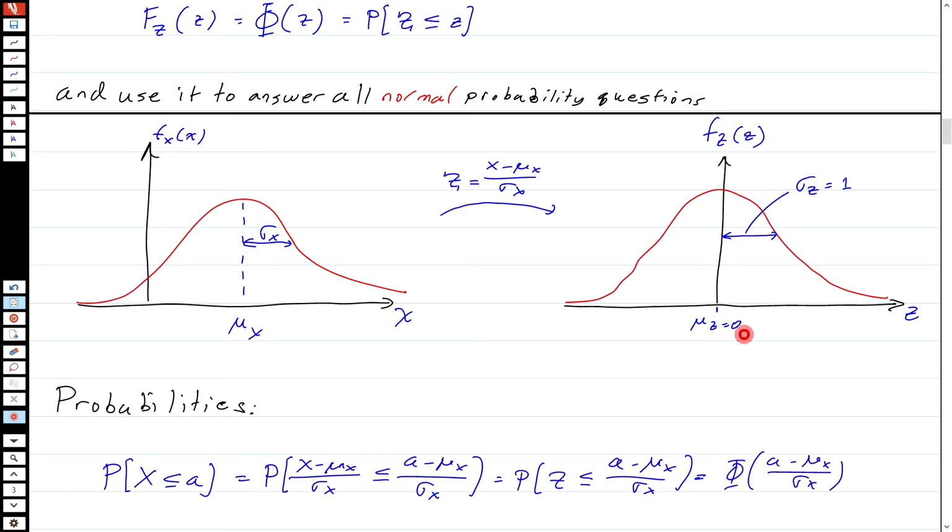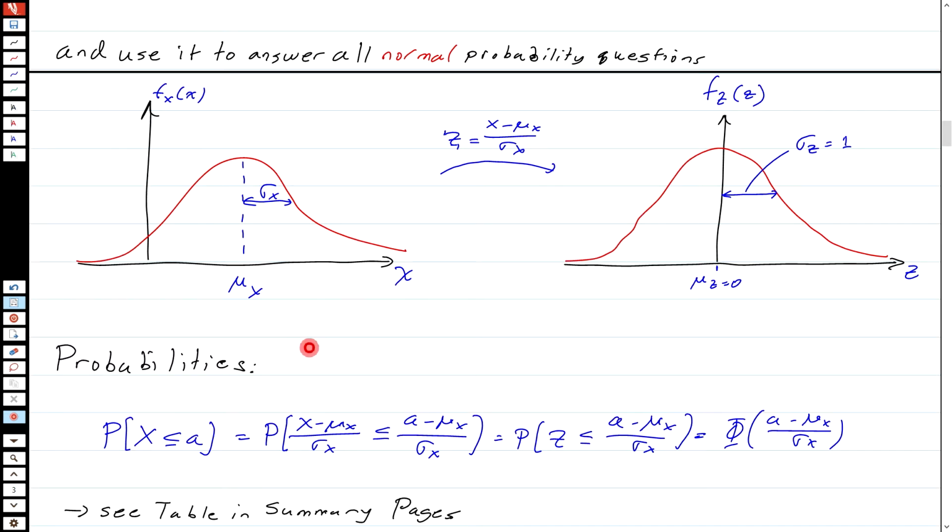And then we can use this to compute probabilities as follows. Probability that x is less than or equal to some value a. First thing we do is standardize. So we subtract the mean, divide by the standard deviation on both sides of the equality. If I do the same thing on both sides, this probability is just equal to this probability. So I got x minus mu of x over sigma x is less than or equal to a minus mu of x over sigma x.